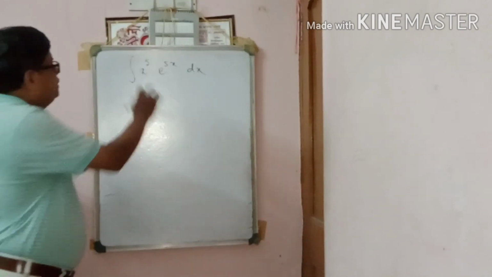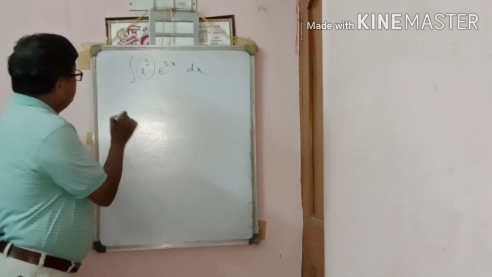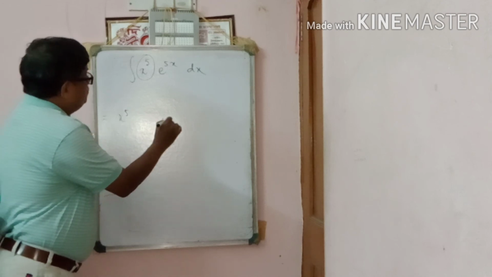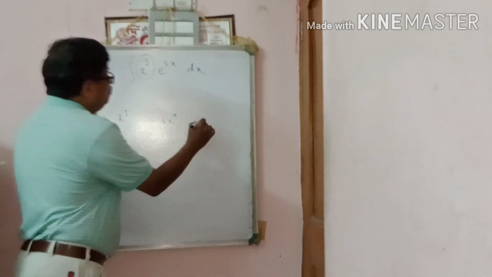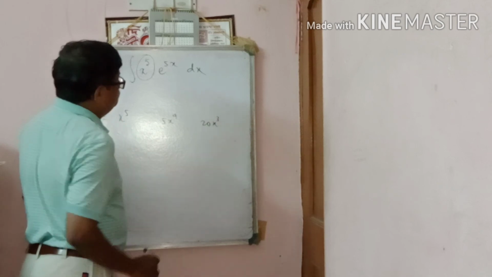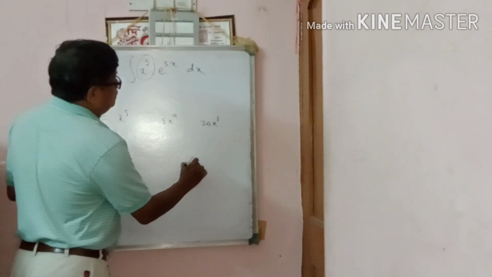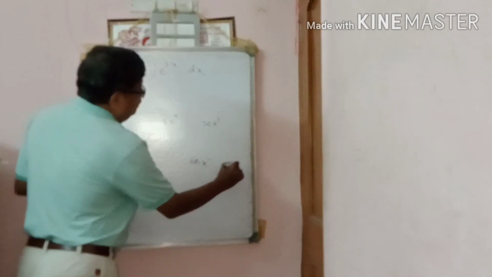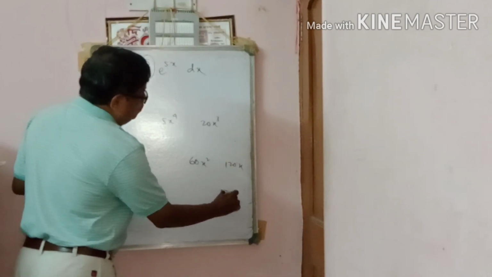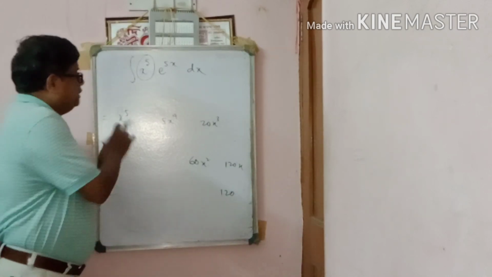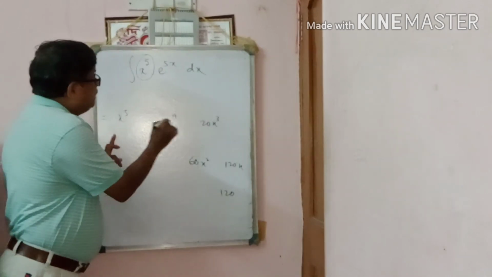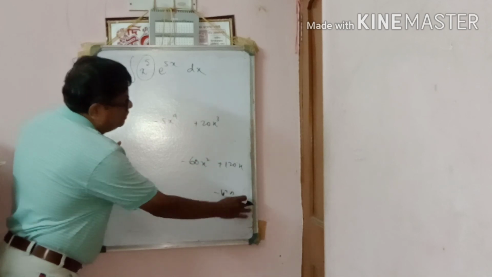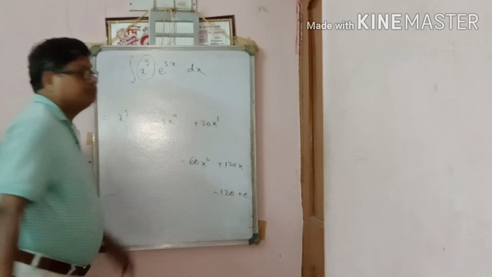Similarly, you write x to the 5 is there, so write 5x to the power 4, then 20x cube, then here 60x square, 120x, 120. Here plus, then minus, plus, minus, plus, minus, plus constant c.